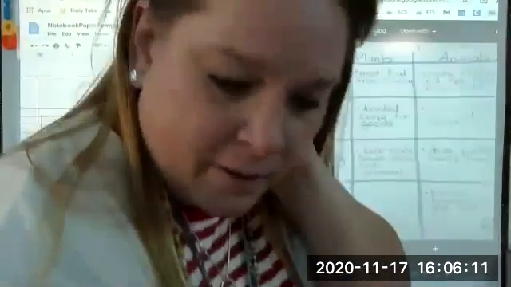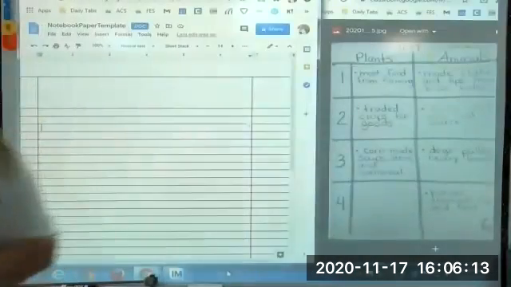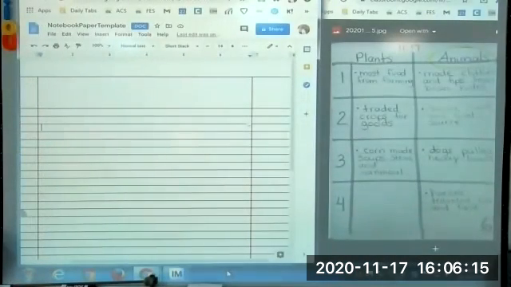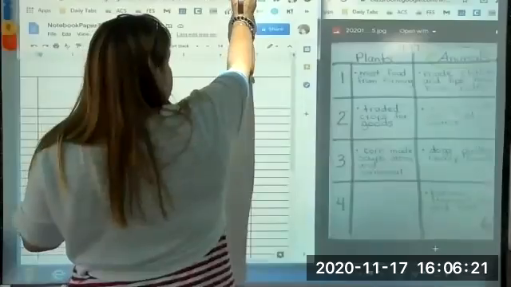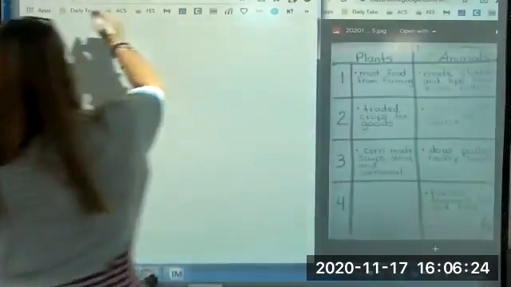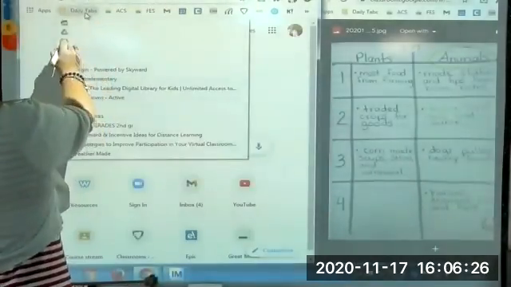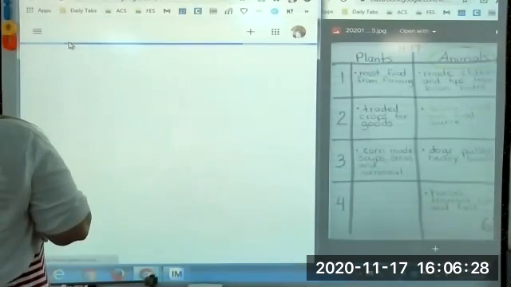Now remember, the topic statement was already provided for us. It was already given to us. Let me pull it up so we can copy the topic statement.